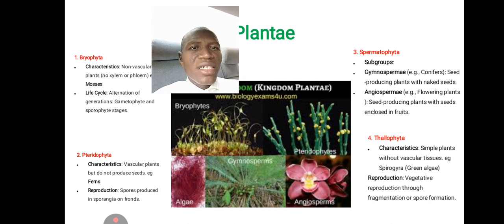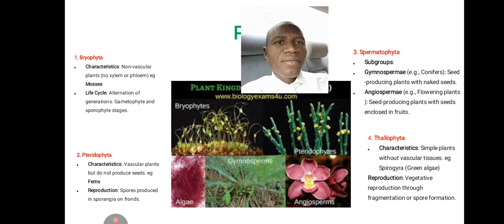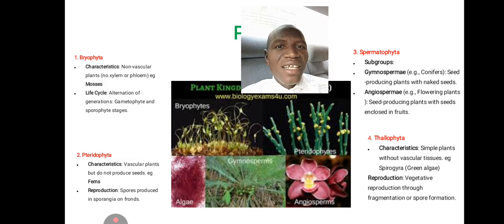Number 2 is Bryophyta. Remember, we are going from simple to complex now. So Bryophyta are non-vascular plants. They are also non-vascular plants. No phloem, no xylem. For example, mosses. So mosses are examples of plants that fall under Bryophyta.